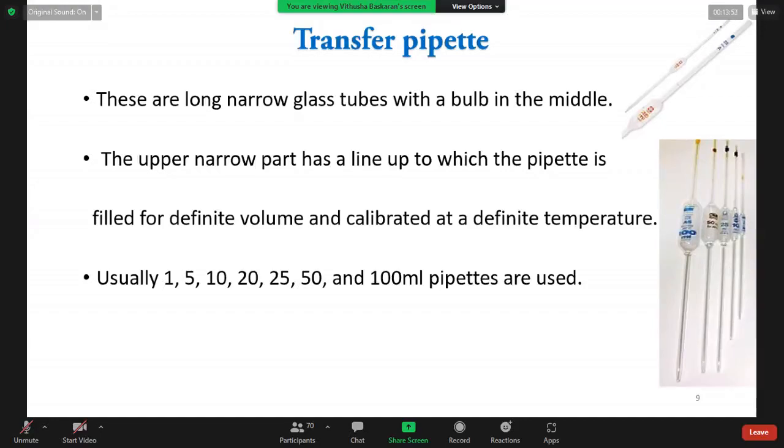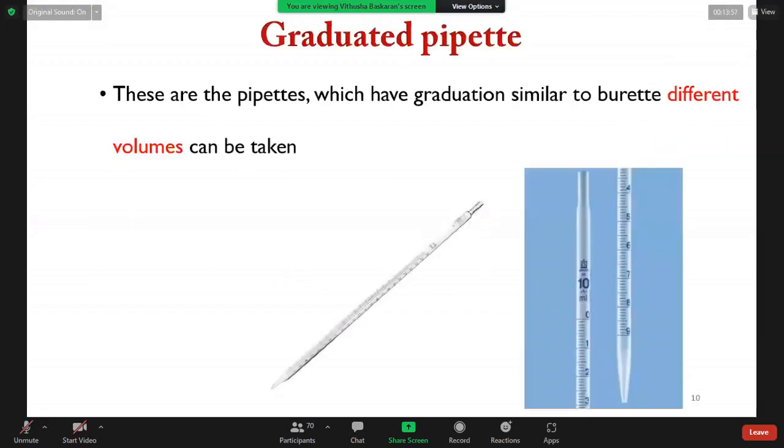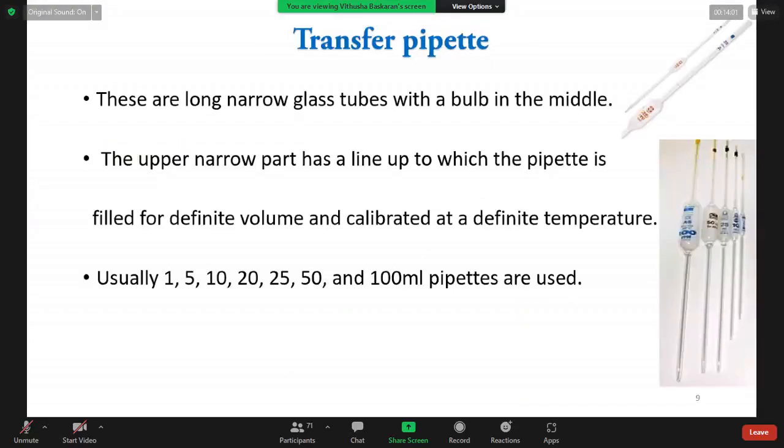Transfer pipette is used for definite volume measurement. And with the graduated pipette, we can take different volumes. This means, like the volumetric flask, you can see 25 milliliter, 100 milliliter, like this, a definite volume.